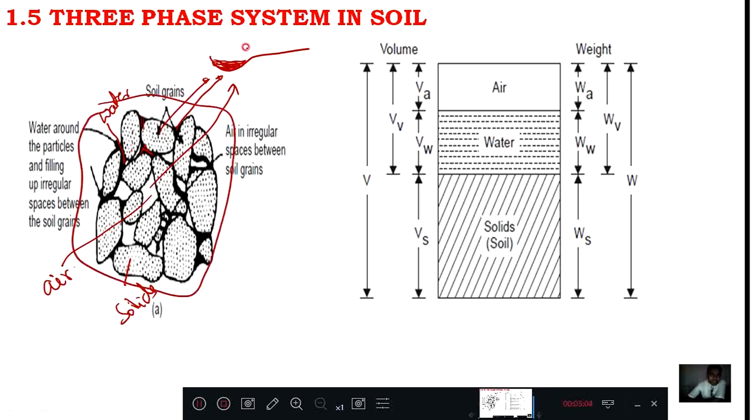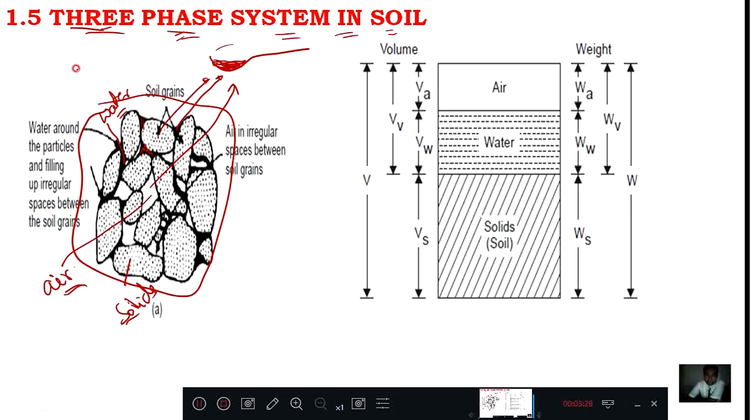Soil means all of these together: solids, water and air, all three make a soil. Understood? Therefore we call it a three-phase system in soil.